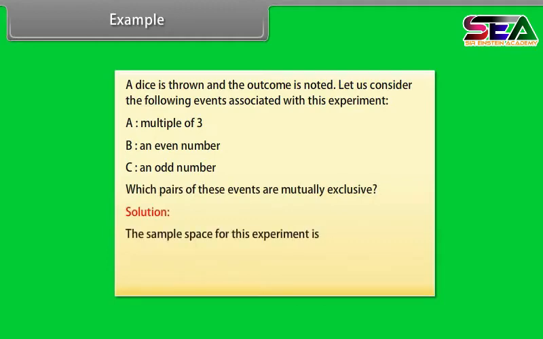The sample space for this experiment is S is equal to {1, 2, 3, 4, 5, 6}. A is equal to {3, 6}. B is equal to {2, 4, 6}. C is equal to {1, 3, 5}.